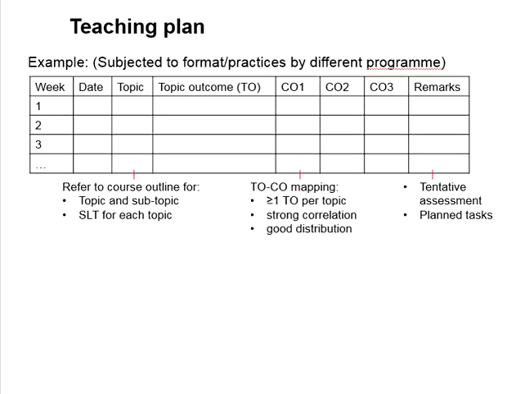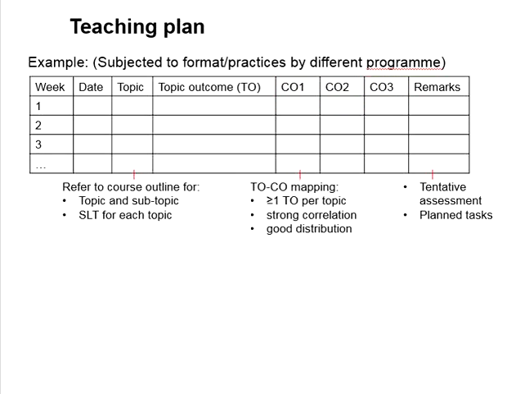Also, some other problems with the topic outcome: there will be improper distribution of the topic outcome towards the course outcome. Ideally, when there are 3 course outcomes indicated for one course, they shall carry more or less equivalent weightage.